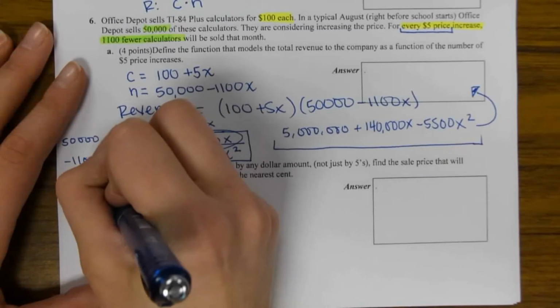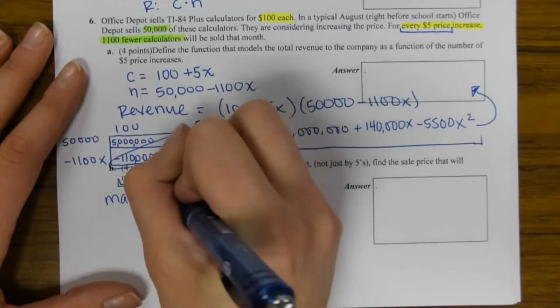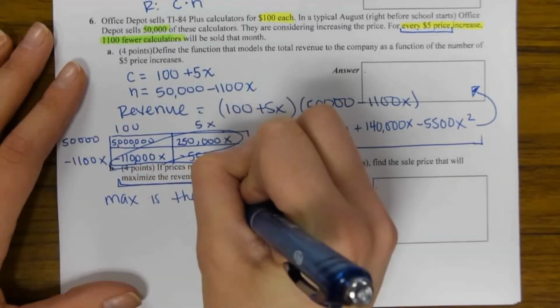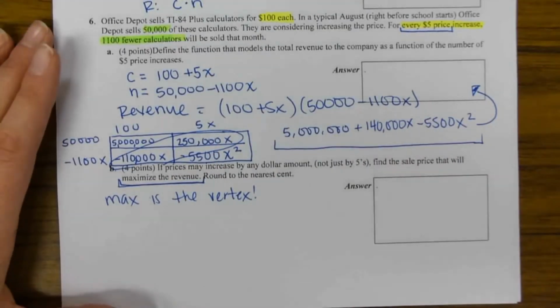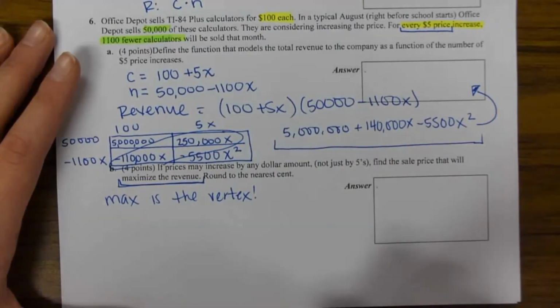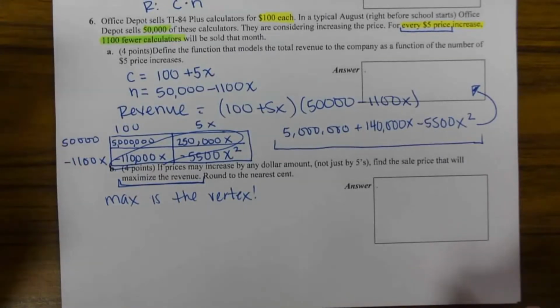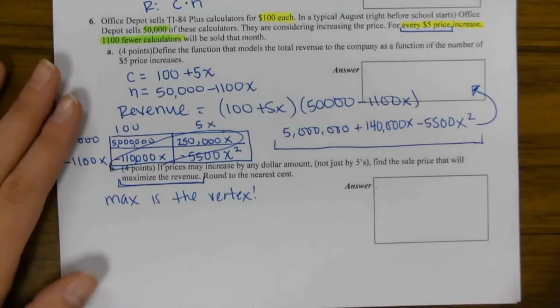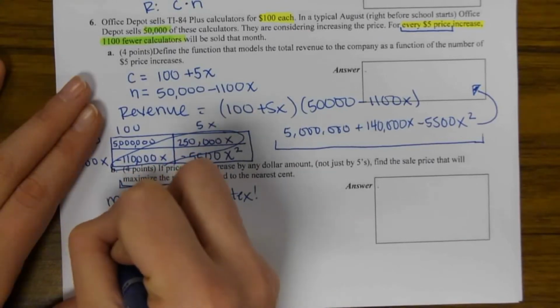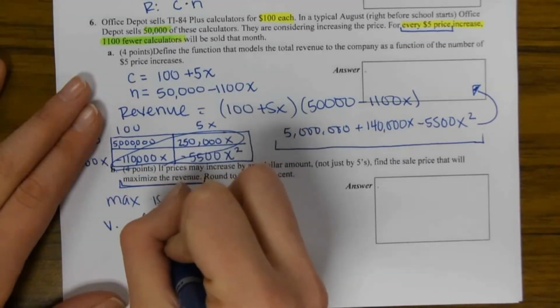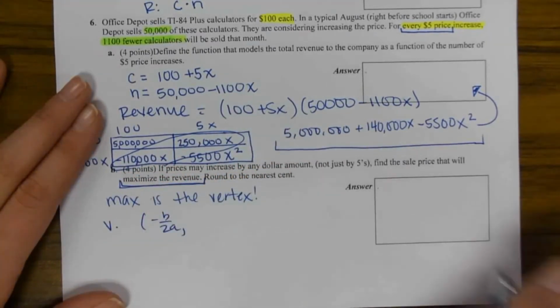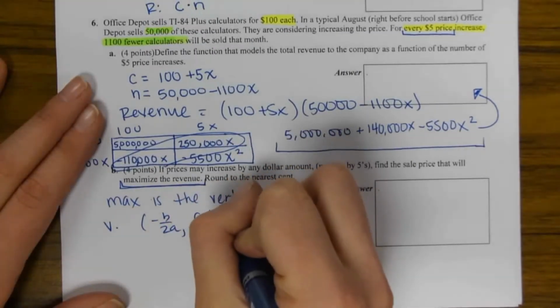Oh, maximum is the vertex. You could use your calculator and scroll up and find that vertex and calculate the maximum that way. Or if you remember back to Algebra 2, the vertex is at negative b over 2a, and then you plug that in.